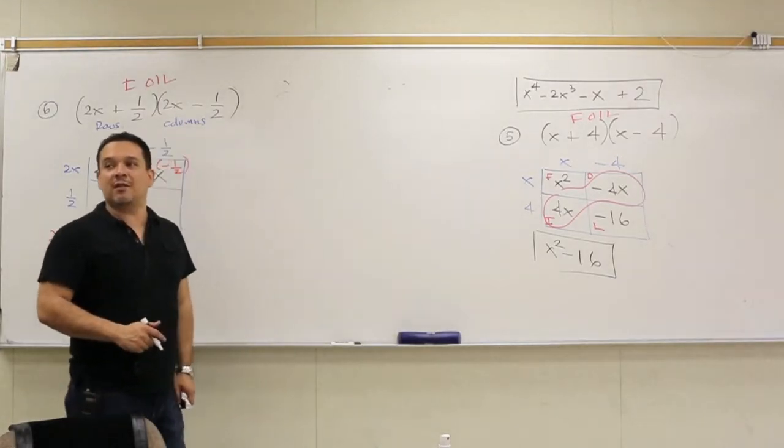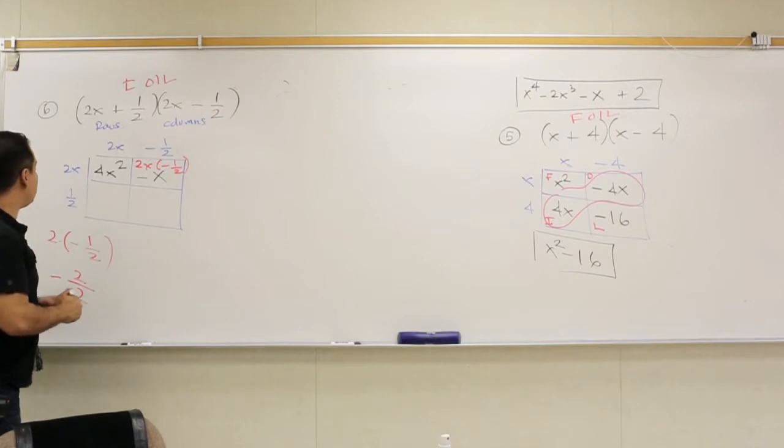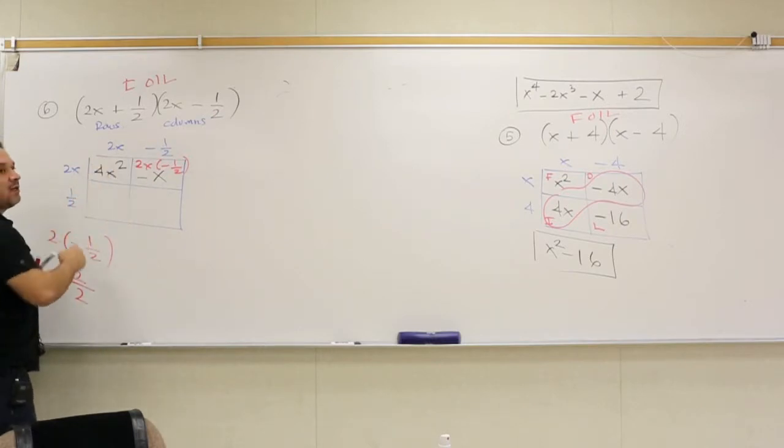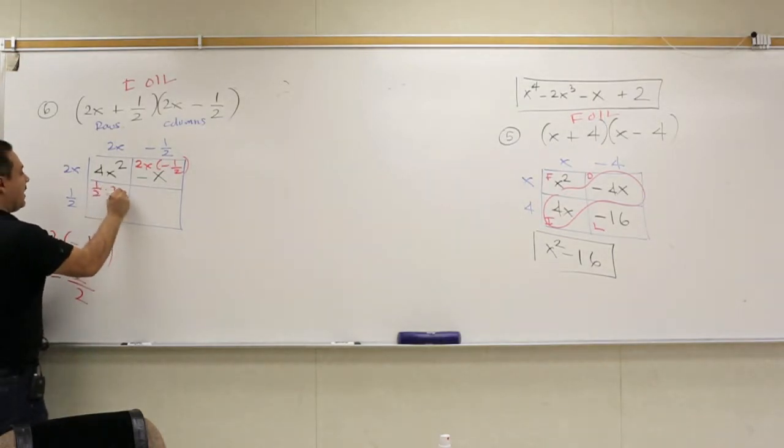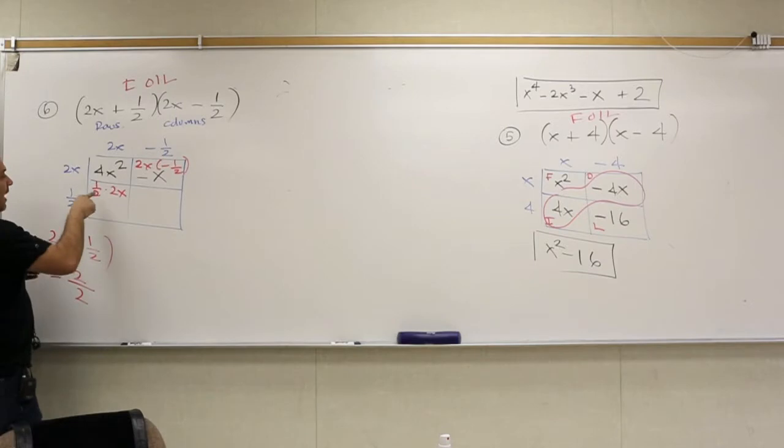Invest in some fractions. How about this? 1/2 times 2x. What do you think that is? Let's see. Is that 1 multiplied to what? Is that 2 multiplied to what? Aren't they multiplied to each other?